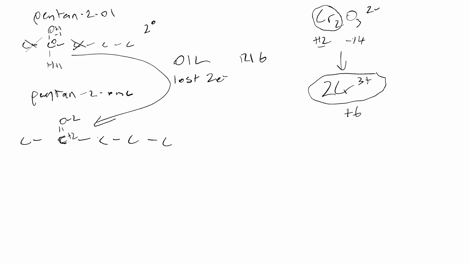Whereas on the Cr2O7, we had, again, 2 Crs, but they had a +6 oxidation state each. So we've gone from a +12 and we've reduced it down to a +6. So we have gained 6 electrons. And again, these don't balance out. We're losing 2 here and we're gaining 6 here when we reduce the dichromate ion.